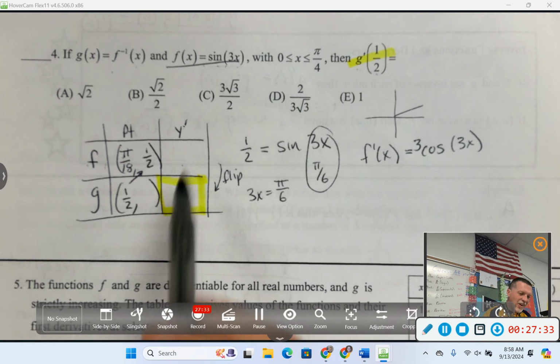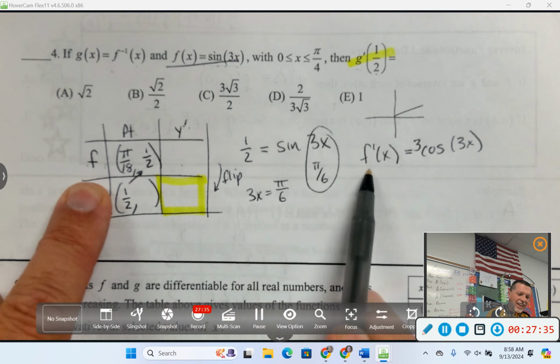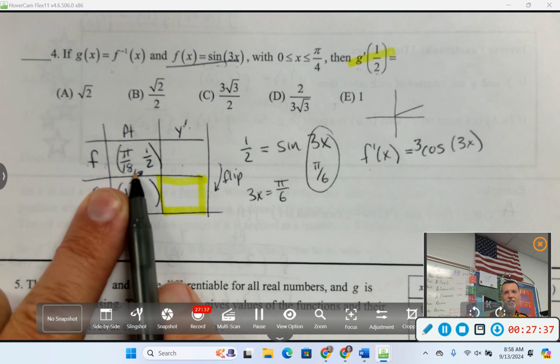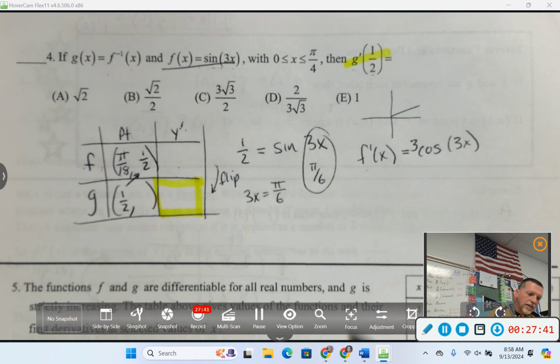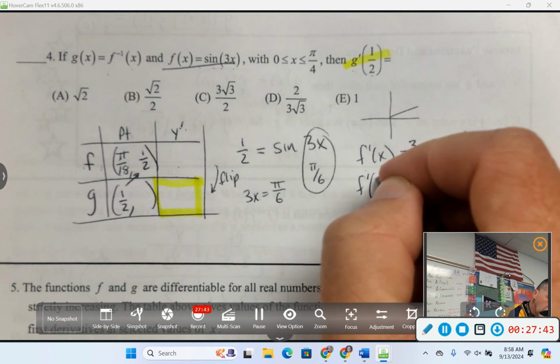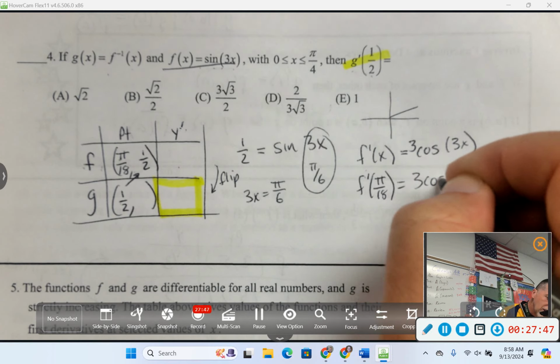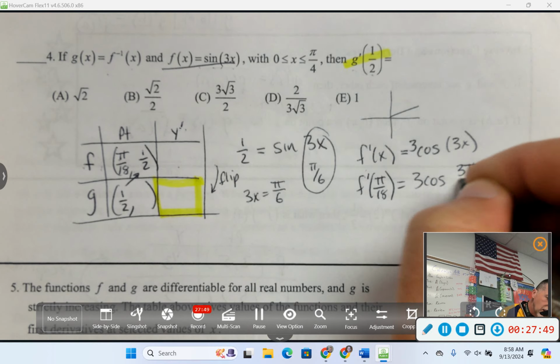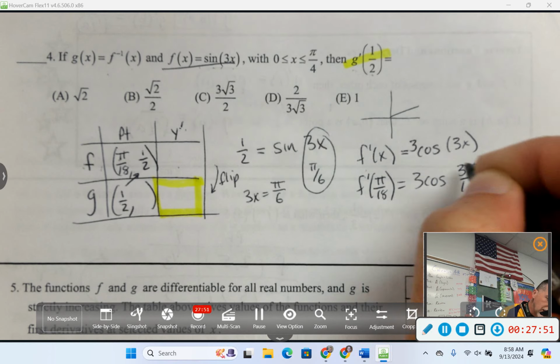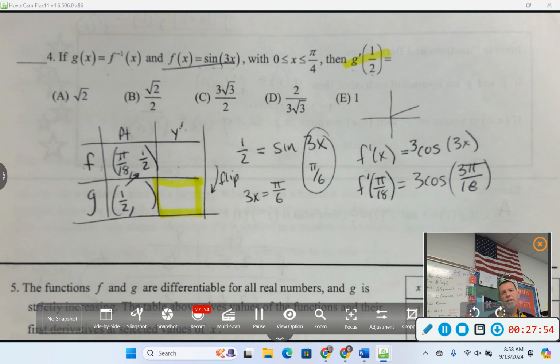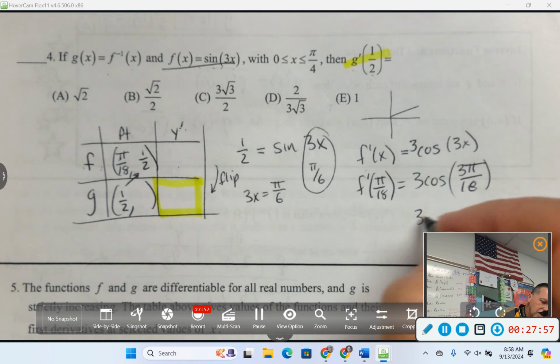Okay, so I want y prime, I got that, at pi over 18. So how do I find at pi over 18? Plug in pi over 18. So f prime at pi over 18, 3 cosine 3 pi over 18, 3 pi over 18, also known as pi over 6.